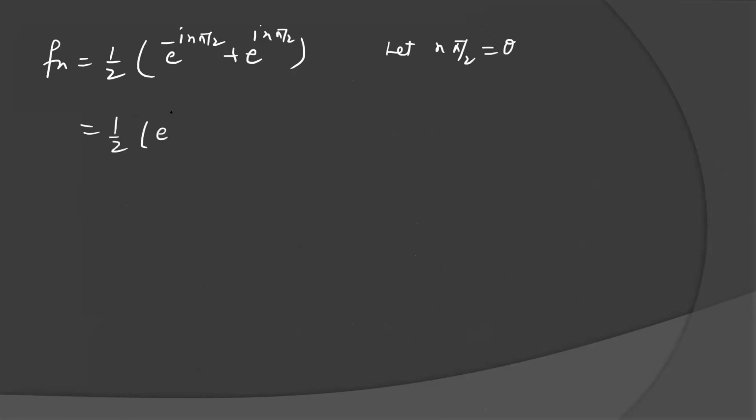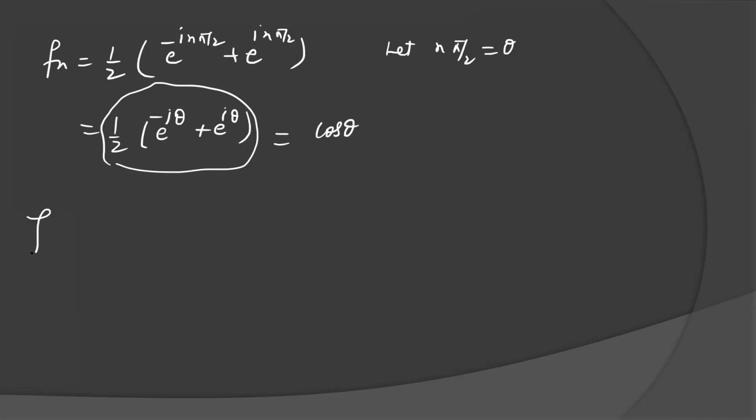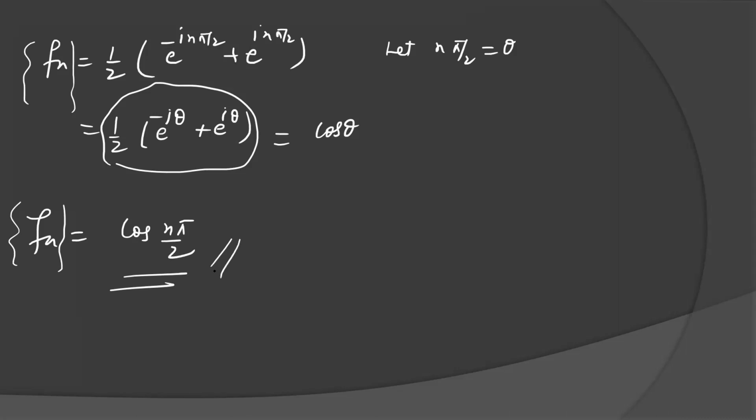Then it is e to the power minus i theta plus e to the power i theta. This is a very, very interesting formula. This is nothing else but cos theta. And we supposed theta is n pi by 2. So the answer is the sequence f(n) is cos n pi by 2. This is a very interesting problem.